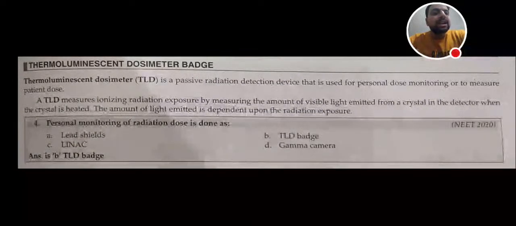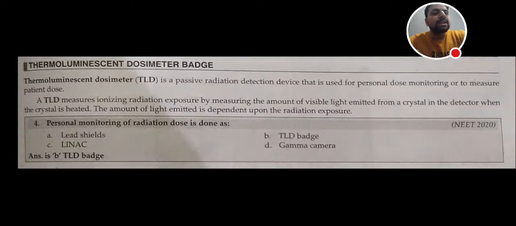TLD measures ionizing radiation exposure by measuring the amount of visible light emitted from a crystal in the detector. When the crystal is heated, the amount of light emitted is dependent upon the radiation exposure. So the answer here is TLD badge.